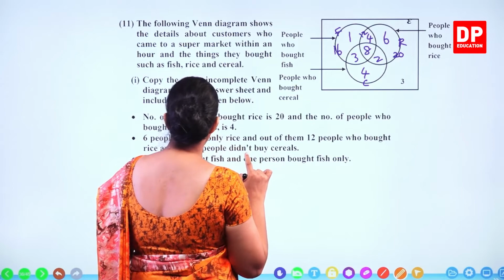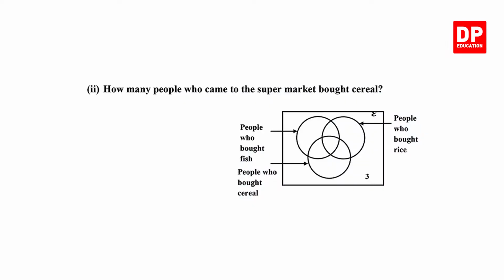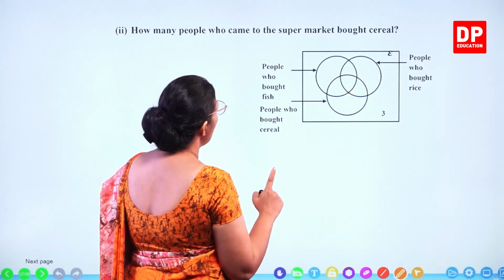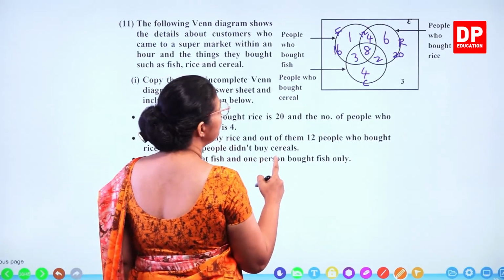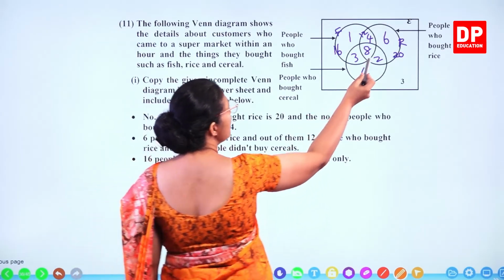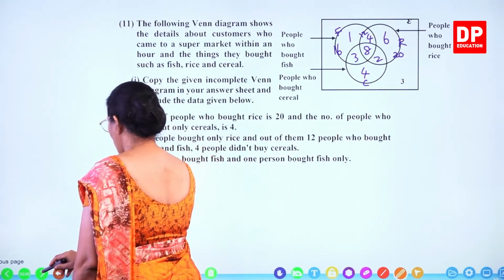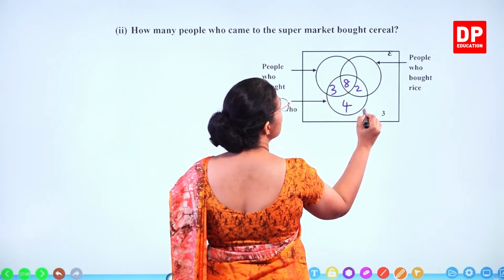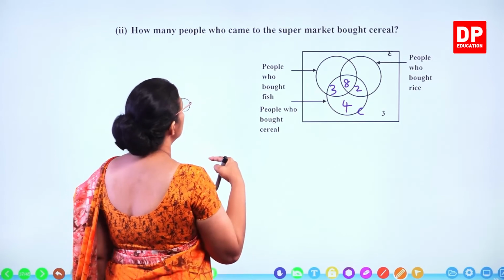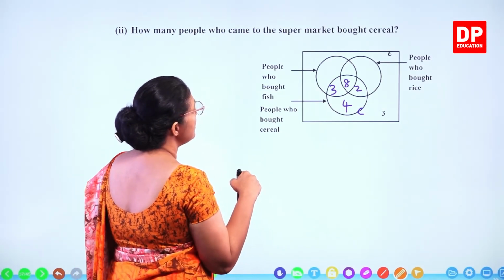Now let's see the next one. How many people who came to the supermarket bought cereal? So I can refer to the previous diagram. So cereal one is this one. 3, 8, 2, 4. I'll fill this one 3, 8, 2, 4. That's the cereal circle. So here 8 plus 2, 10, 17.